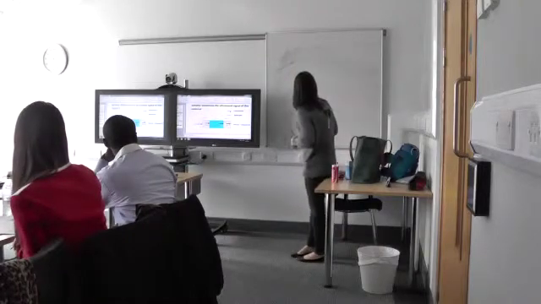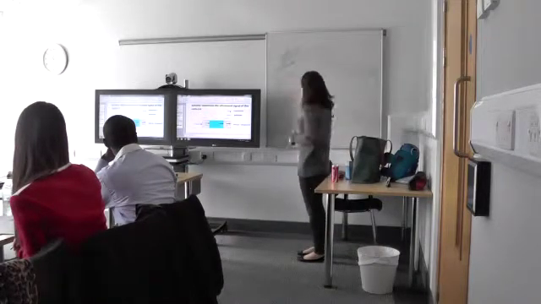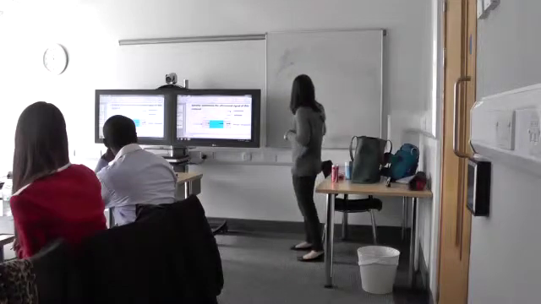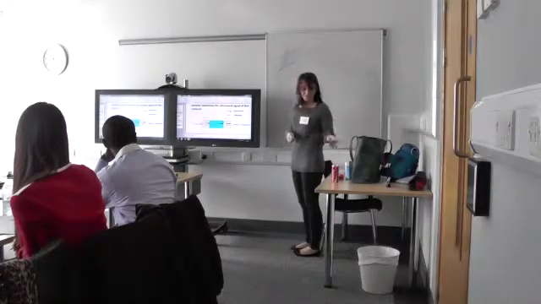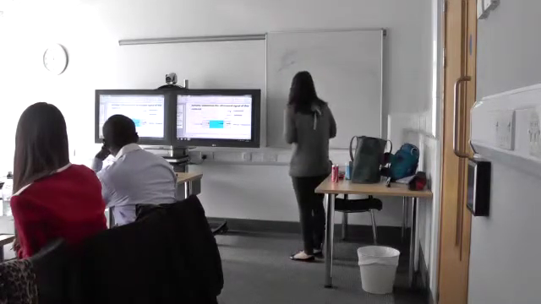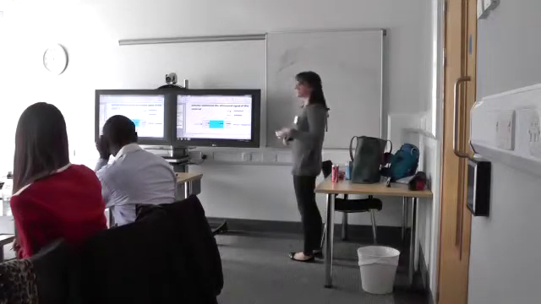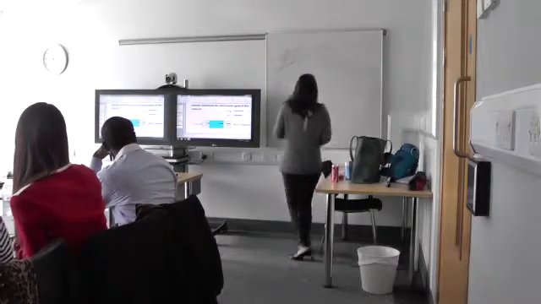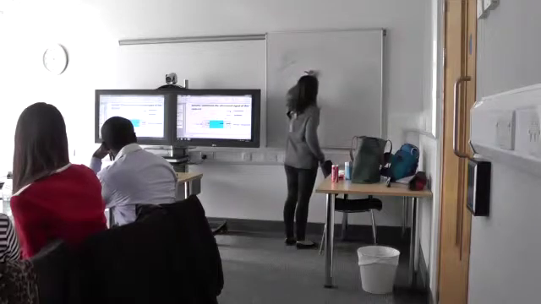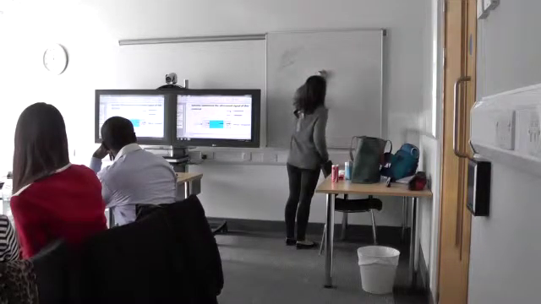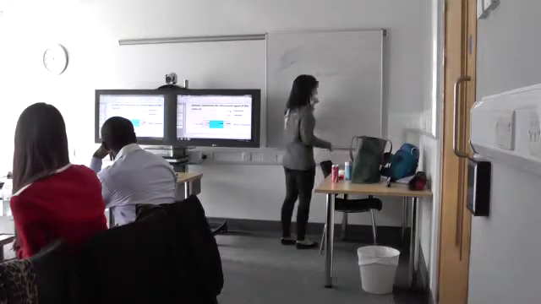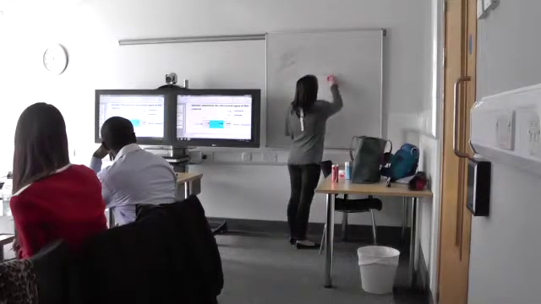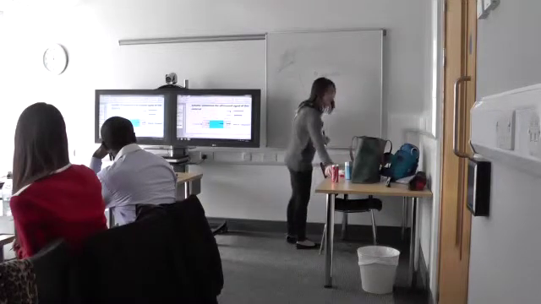So as you can see, there is a negative relationship between price and quantity. As the price increases, the quantity demanded of Coke decreases. Okay, so we can also write this as an equation. So we have the price is equal to A plus B times the quantity, with B negative.